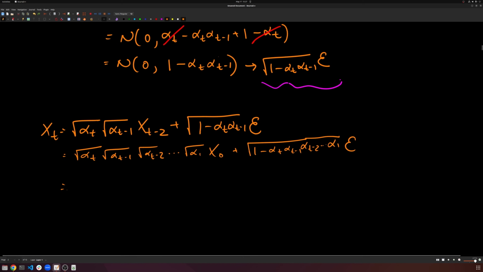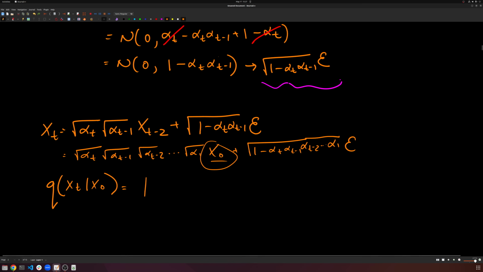And so that means we can finally write this if we had just recursively kept writing x_{t-2}, x_{t-3}, x_{t-4}, all the way to x_0, our starting image. And so now that we have all of that, we can write this in one nice compact form. This is written as q(x_t given x_0), because given x_0, we're writing a form for x_t.